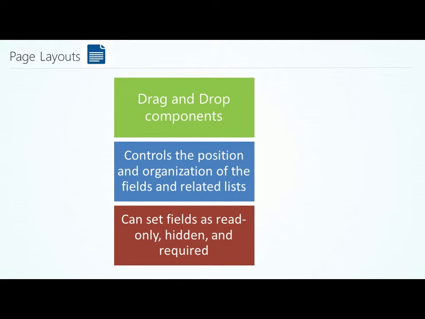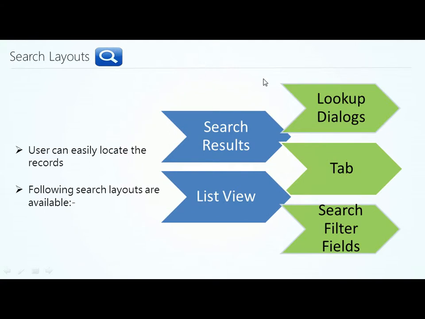So this is page layouts. We can make an interactive user interface using page layouts. And another is search layout. Search layout helps the user locate a record quickly. He need not worry about where the record is saved or where to search.